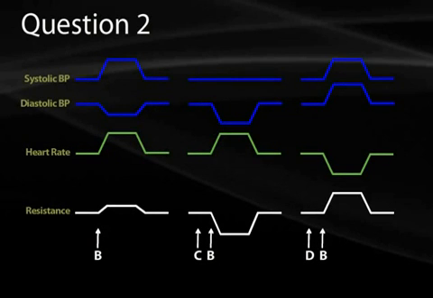Drug B, as you can see, has a different profile. It increases the systolic blood pressure, which is most likely related to alpha-1. It, however, decreases the diastolic blood pressure, which is most likely related to beta-2. It also increases heart rate, which is most likely related to beta-1.